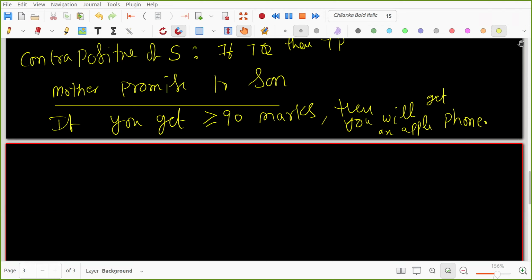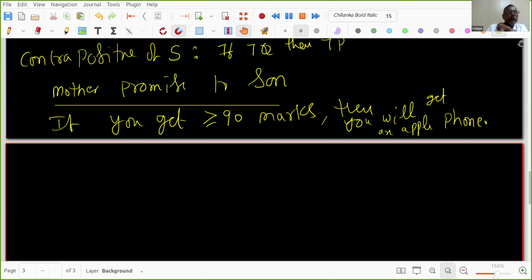Arpit says: when I will not get an Apple iPhone. See, not getting an Apple phone, for example, somebody's son got only 70 marks and he does not get an Apple phone.